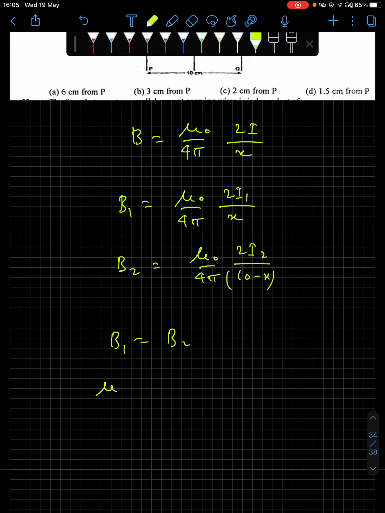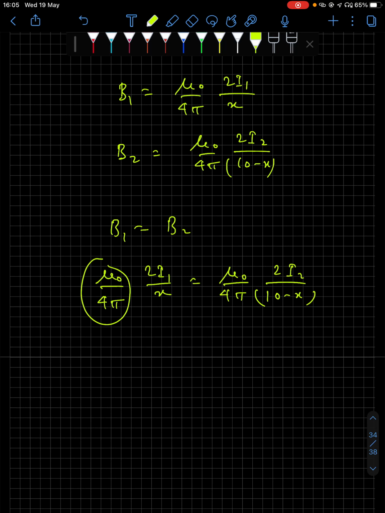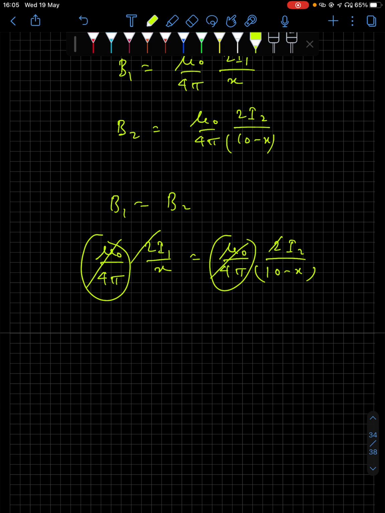So mu naught by 4 pi 2 I1 by x equals mu naught by 4 pi 2 I2 by 10 minus x. Mu naught by 4 pi will cancel, 2 will cancel, so you have 10 minus x divided by x equals I2 by I1.